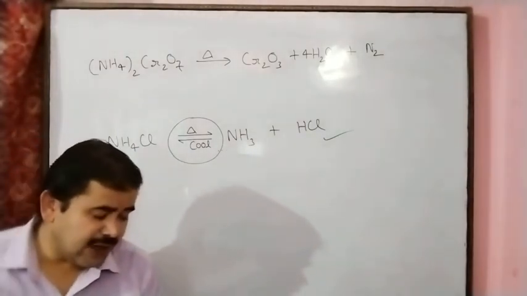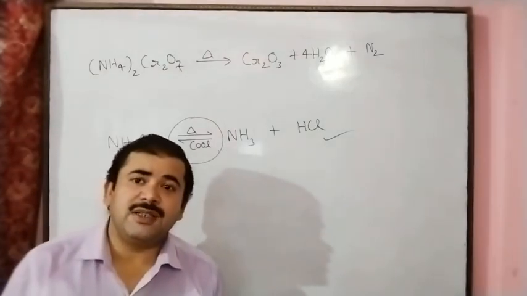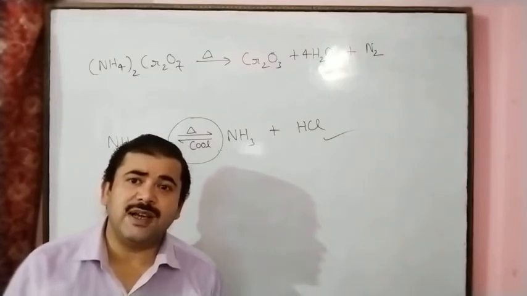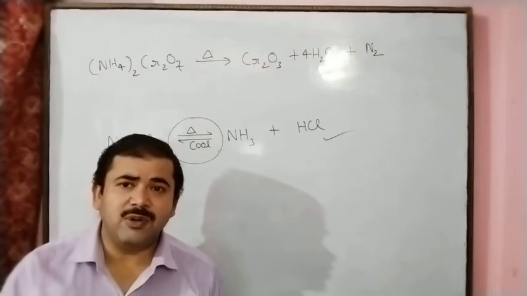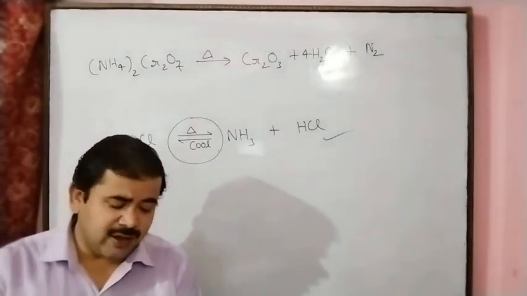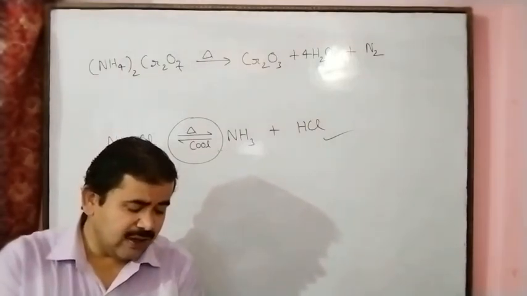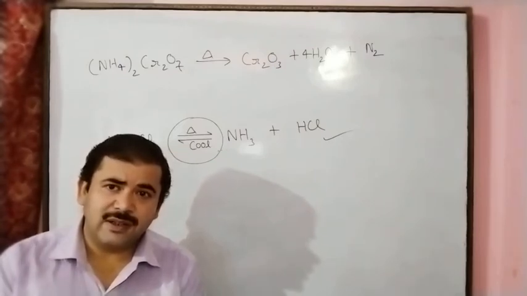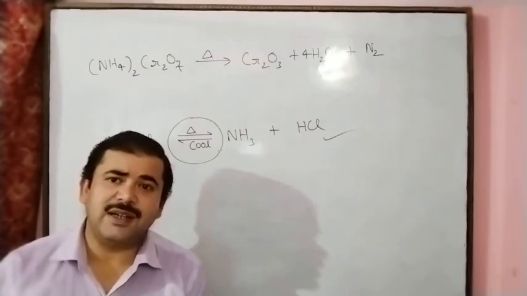And after this, the electrolytic decomposition reaction. Electrolytic decomposition reaction means electric current is required for the decomposition. So here a decomposition reaction is brought about by the passage of electric current. We can take the example of water, which decomposes into hydrogen and oxygen by passing the electric current.